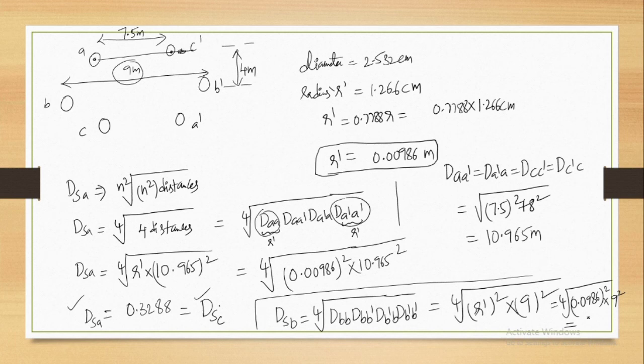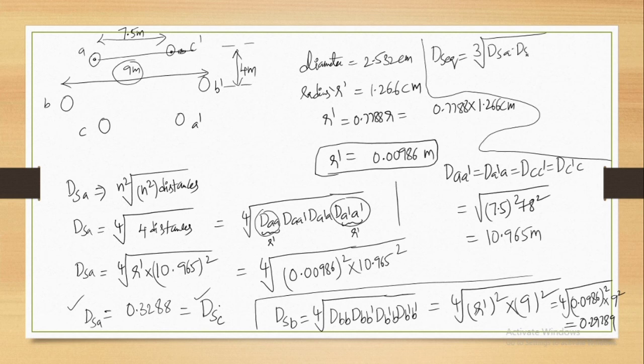Find DSB value. It is 0.29789. Now you got DSA, DSB, DSC. After you got the GMR of A, GMR of B, GMR of C, find GMR equivalent. DS equivalent is cubed root of DSA into DSB into DSC, right? Now it is cubed root of, what is DSA?